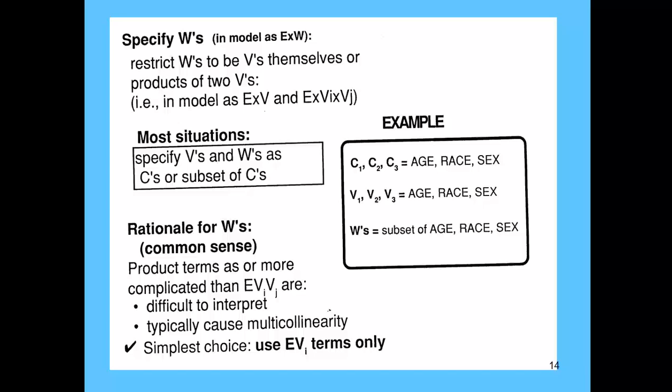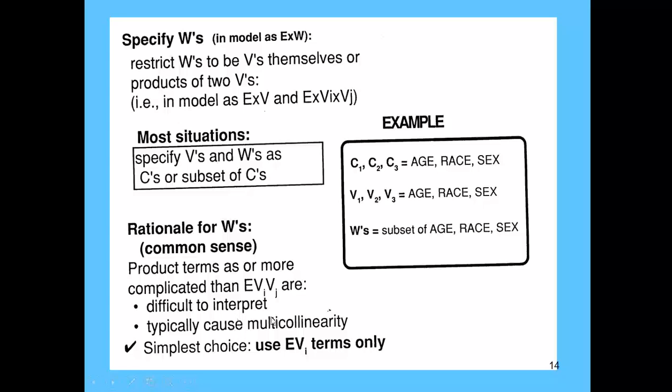And if you can't figure out what it means, you shouldn't have put it in there in the first place, even if it's significant. I mean, you might want to figure out what it means, and if you can, that's great.